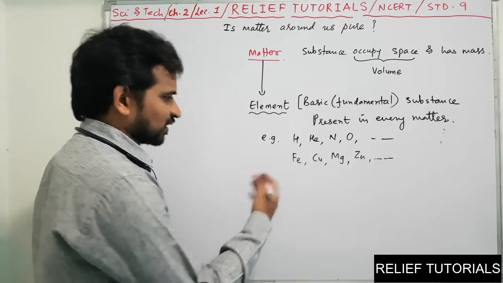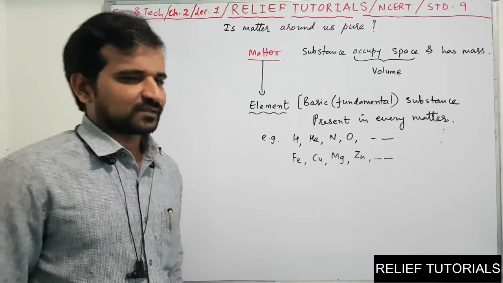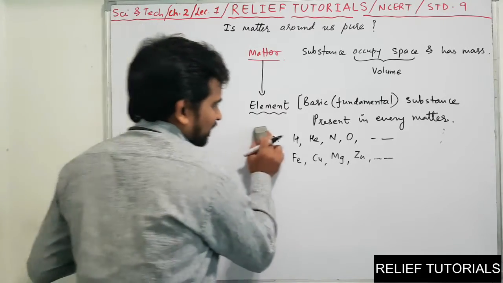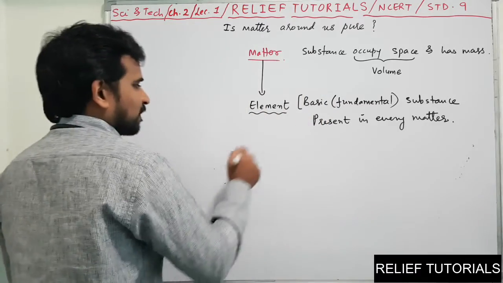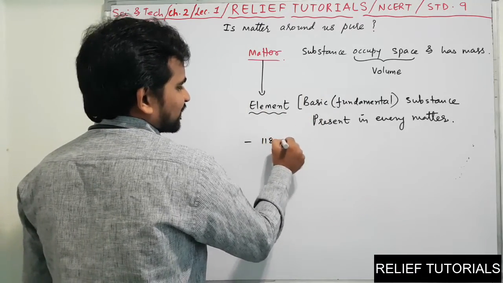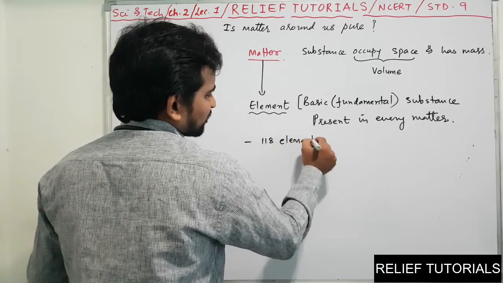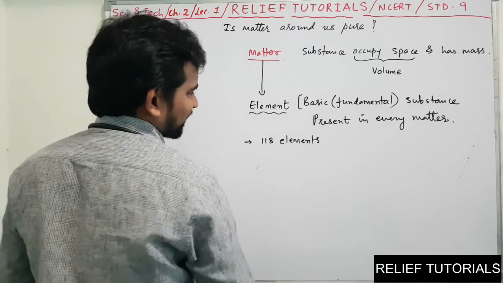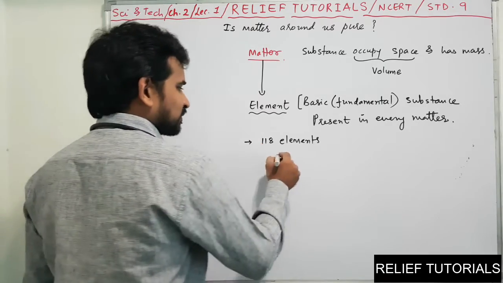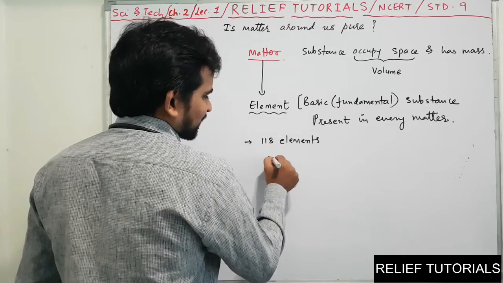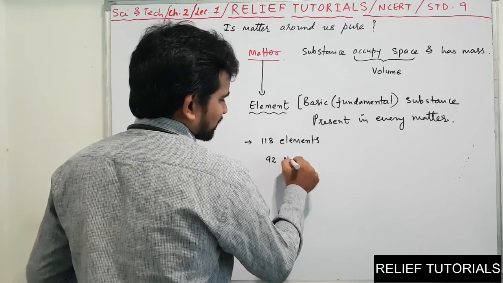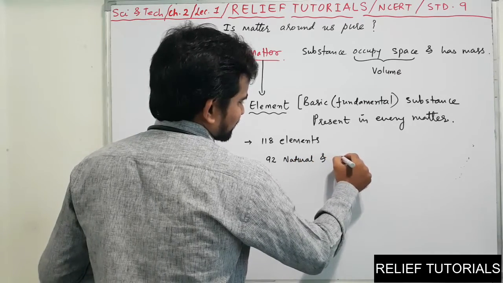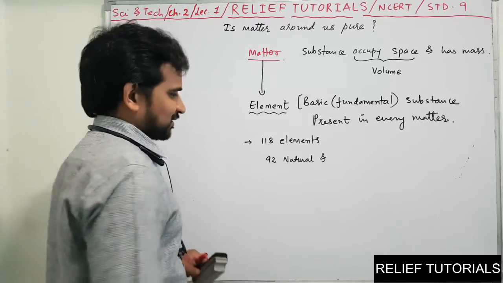Solid elements, liquid, gases. Up to today, almost 118 elements are discovered. Out of these 118 elements, 92 elements are natural and remaining are artificial, means man-made, synthetic, you can say.